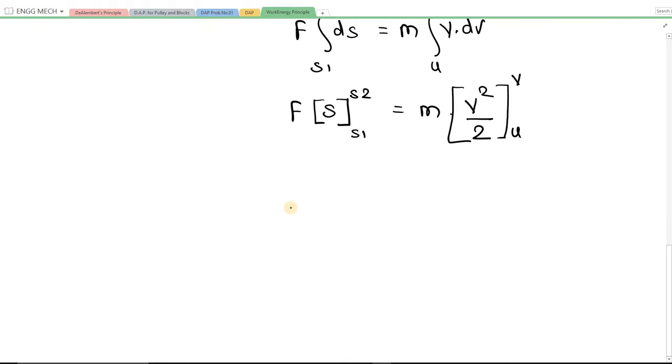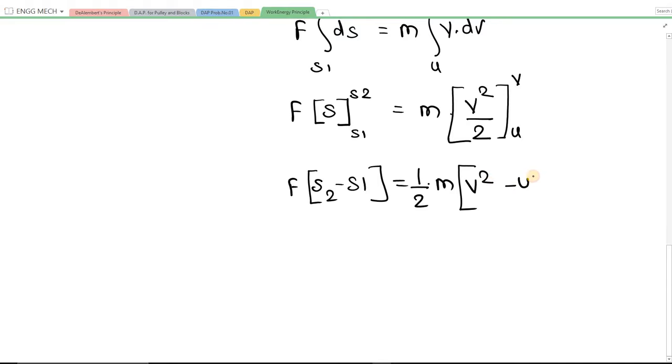In the next step, we apply the limits: f into s2 minus s1, and we take the denominator 2 out, so it is 1 by 2 into m into v square minus u square.